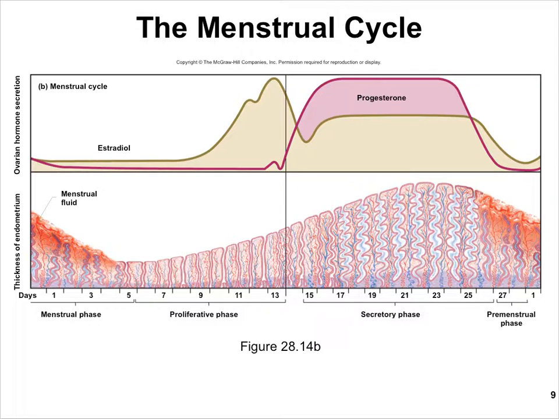And the fluid that it's filling up with is filling these channels right here, making the lining of the uterus basically spongy and sticky and soft, and it's filling up with, among other things, glycogen. Remember that glycogen is a polymer of glucose.